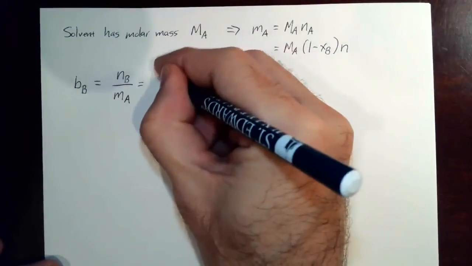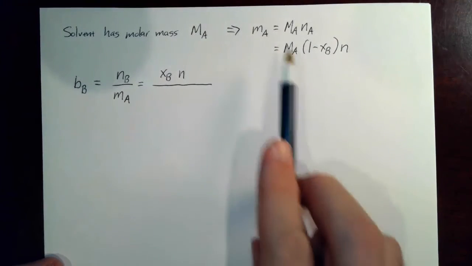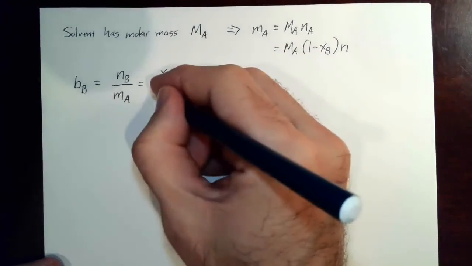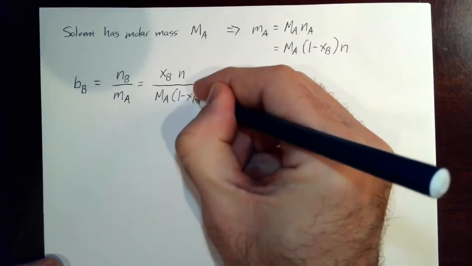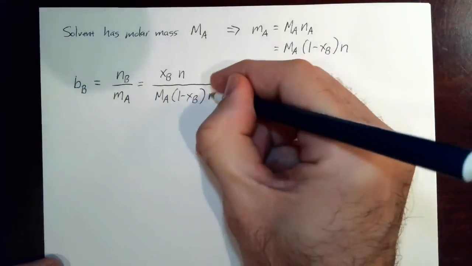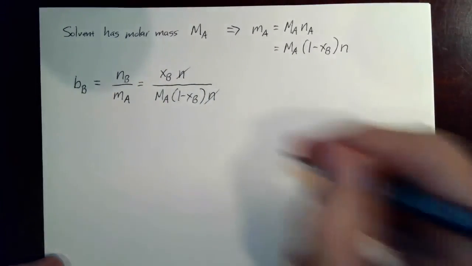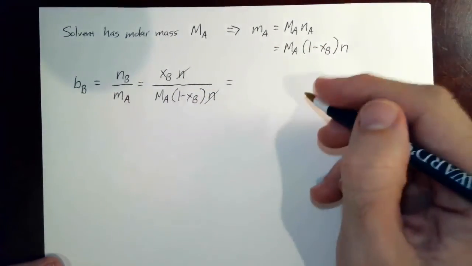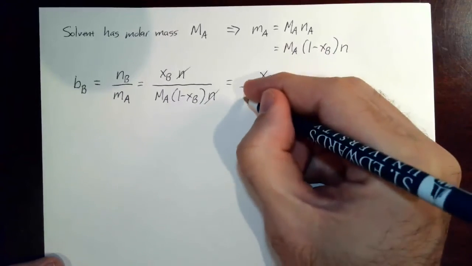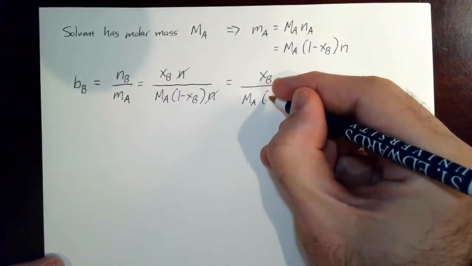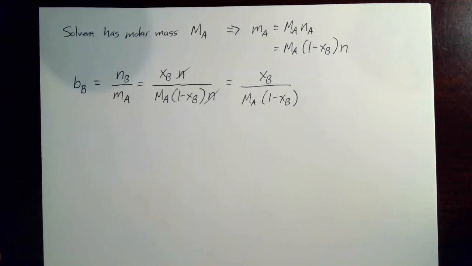So I'm going to write that as XB times N. And the total mass, A, I found right here, is going to be the molar mass of A times 1 minus XB times N. And you see that the number of moles cancels. And so I've now written the molality in terms of the mole fraction. And this is for the solute.